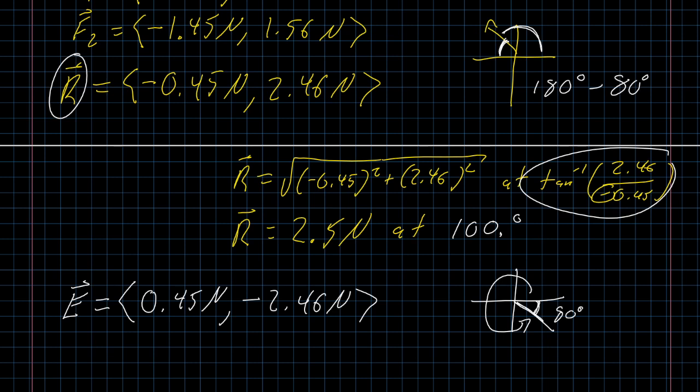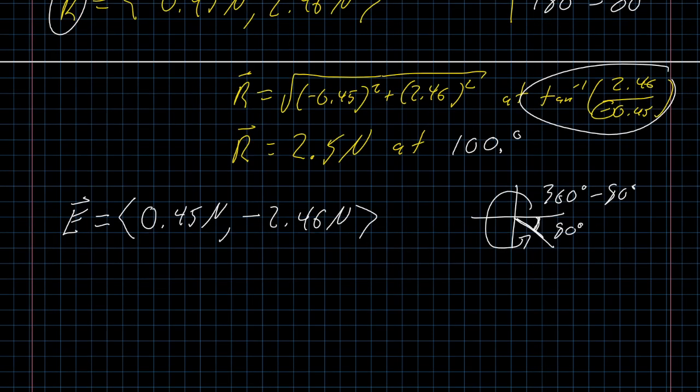So we need 360 degrees minus 80 degrees, which comes out at 280 degrees. So the equilibrant is going to be 2.5 newtons at 280 degrees.